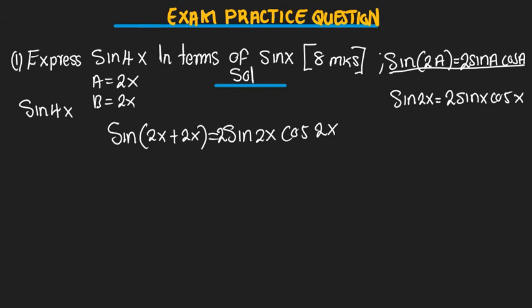Then we also know that cosine 2x... because they are saying we express in terms of sine, that implies they don't want us to use anything related to the cosine. So because of that, we are going to use a trig identity which is related to sine.